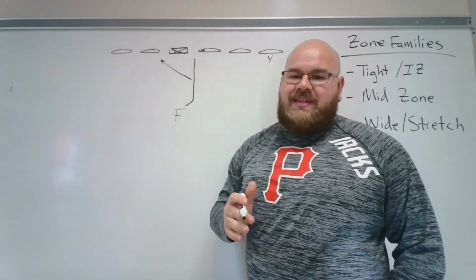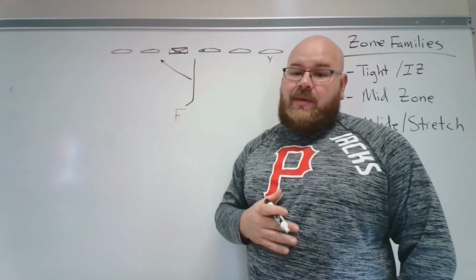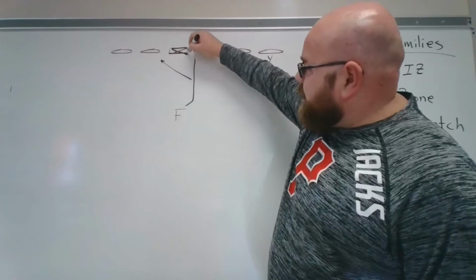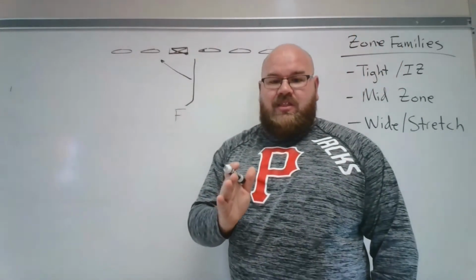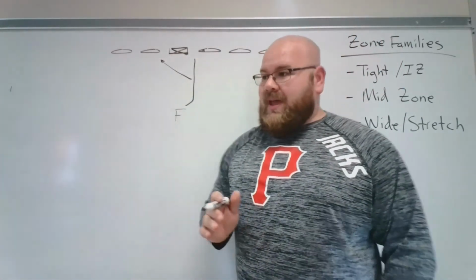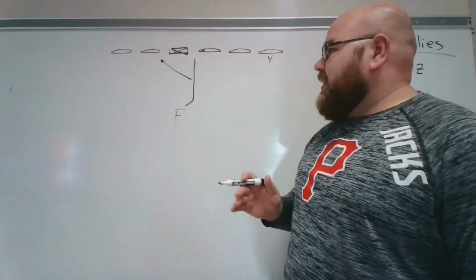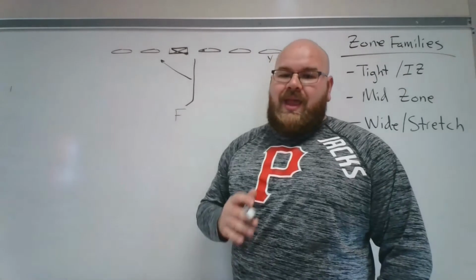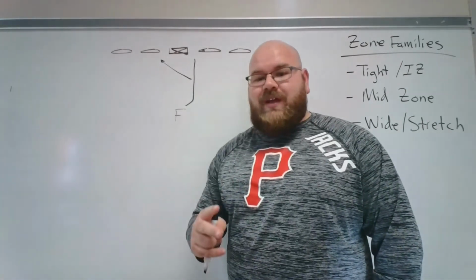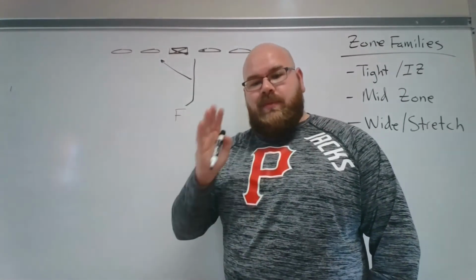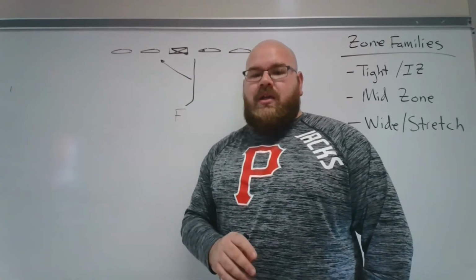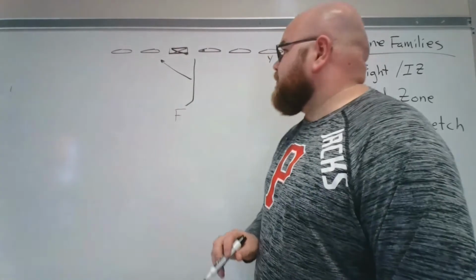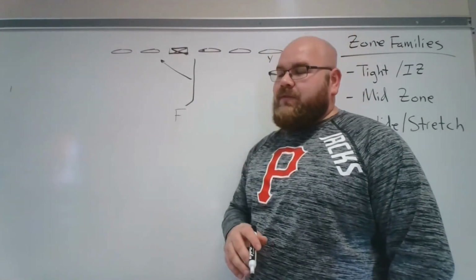I really like the tight zone. I tell my running backs to aim for the playside hip of the center. I like that thing as tight as possible, because it's a very downhill run play for me, and it plays well off of my second favorite play, which is power. Both of those are very much straight downhill run plays, and they play well off of each other.